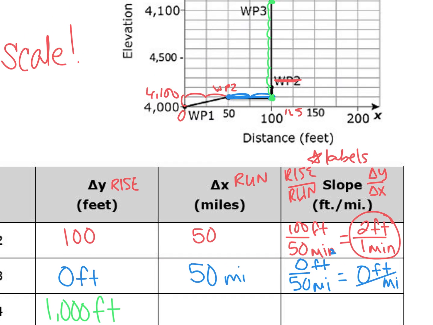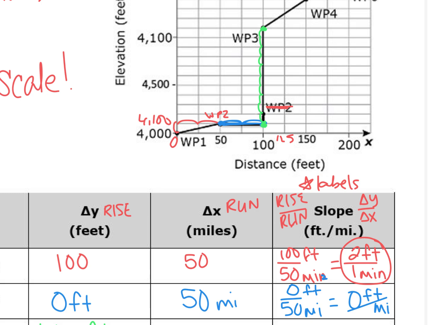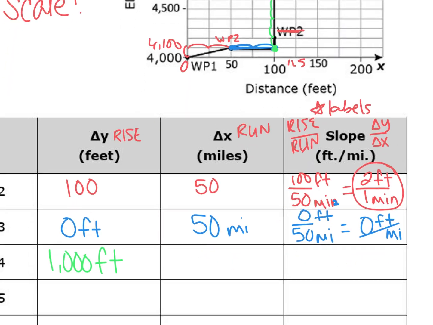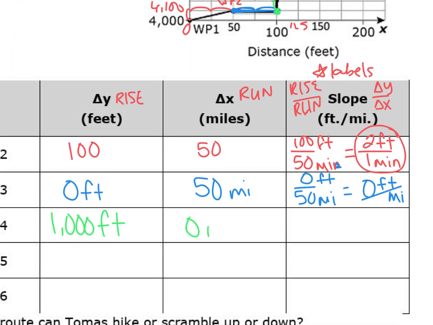Are we running any? Did we go across any on that line? No. So 0 miles. So we have 1,000 feet in 0 miles. Let's put that in our calculator. This is undefined. Remember we talked about, so that doesn't mean again that we're not moving.